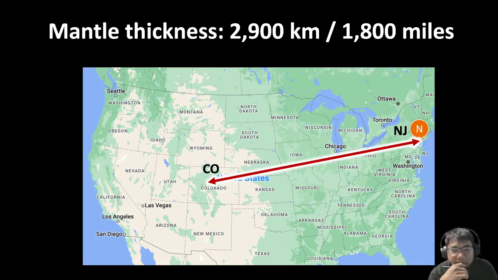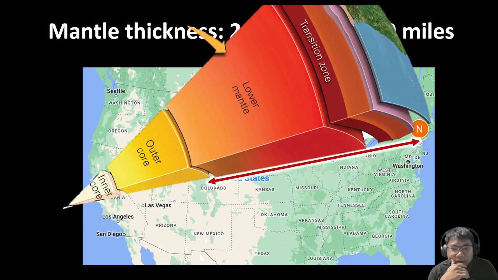And again, if it's hard for you to imagine, you travel from New Jersey in a direct path like this all the way to Denver, Colorado, and that would be the representation of the mantle thickness of the earth. Look at that. Okay, so it's very, very thick.